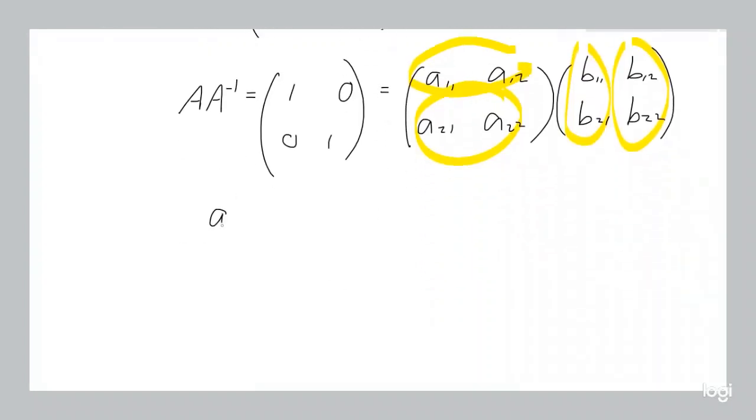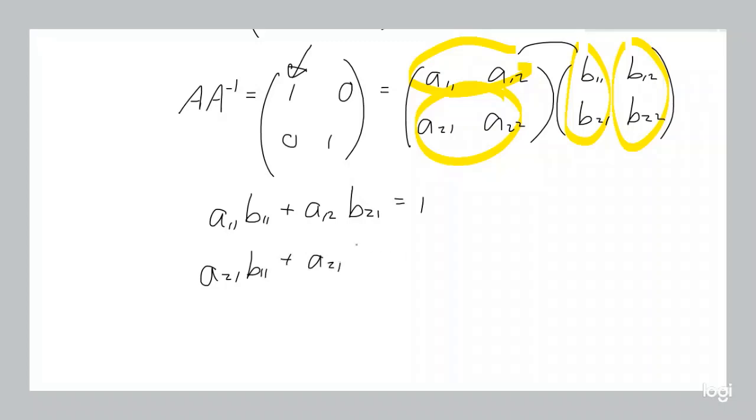A11 times B11 plus A12 times B21 should equal 1, because that's this dot product here, which should give us that 1 right there. Now, A21 times B11 plus A22 times B21 should equal 0, because that's this dot product, and it should give us that 0 right there.